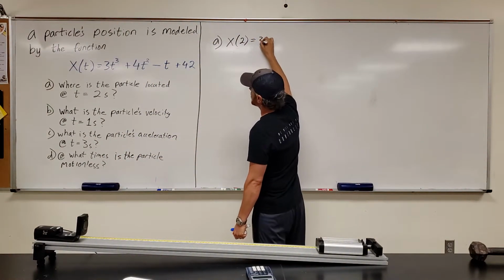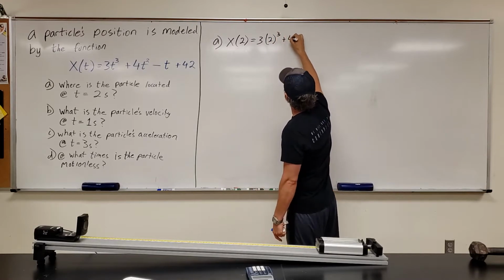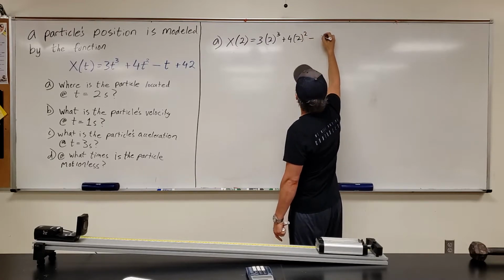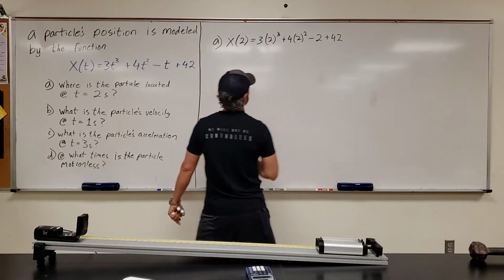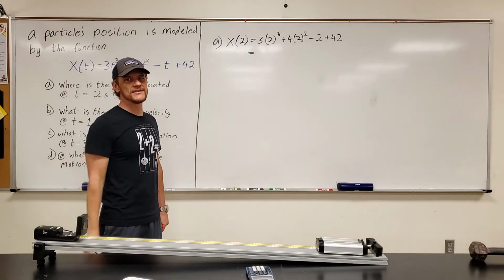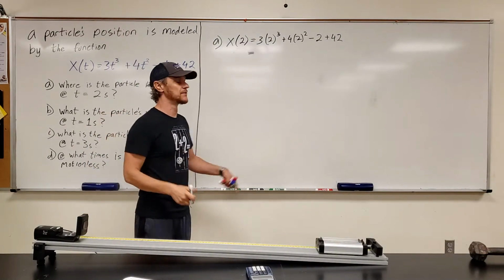So I'll get 3 times 2 cubed plus 4 times 2 squared minus 2 plus 42. And then I just evaluate that. If you're like me, you don't skip steps and you don't tend to make mistakes when you're doing this kind of problem. So I'm actually going to use PEMDAS and evaluate this one step at a time.